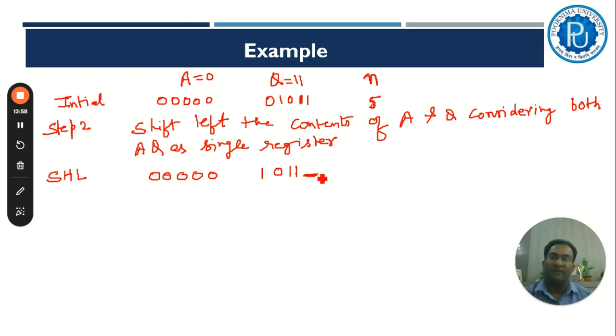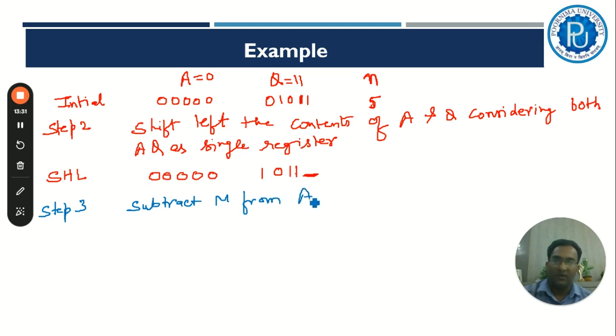On the basis of the MSB, we are going to define the value of this Qn bit there. Okay, now step number 3 is what? Step 3 is subtract M from accumulator.